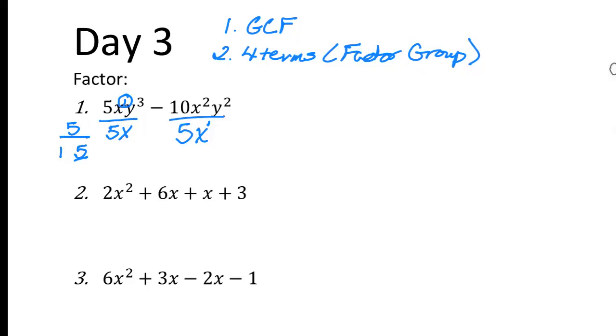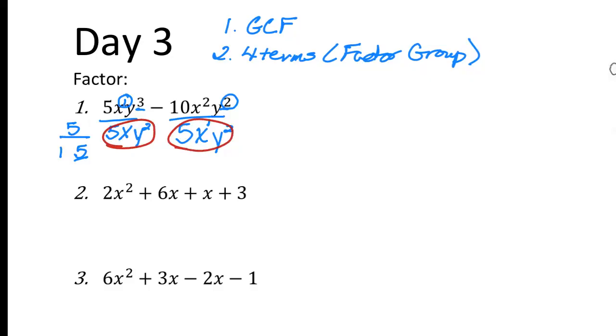And I have y to the third and y squared. I want to take as many as I can equally from both, so I can only take 2 because the second term only has 2. So this is y to the second. This is my greatest common factor.